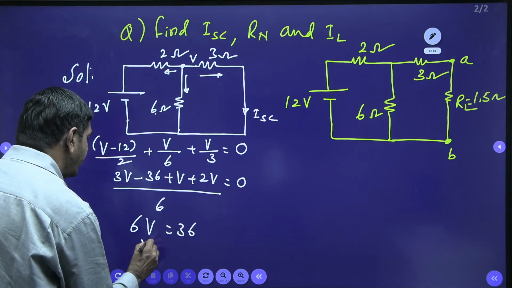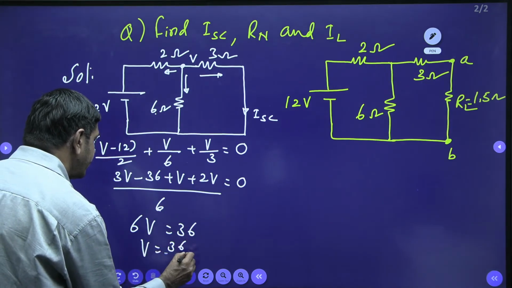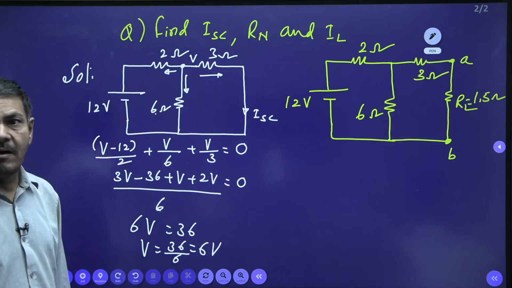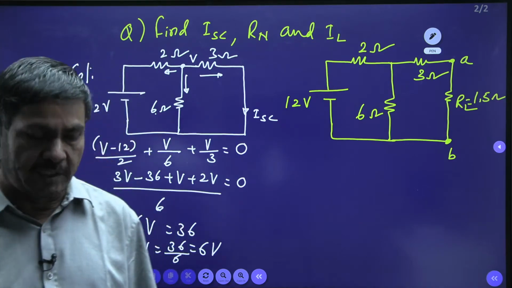And finally, what is V? 36 by 6, it becomes 6 volts. I got the node voltage as 6 volts.